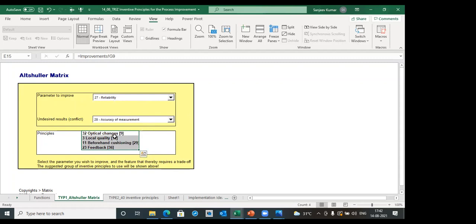Okay, by going for optical changes, by going for local quality, by going for before and questioning, and going for proper feedback. So with these 4 principles, we can meet both the reliability and also accuracy of measurement, so that whenever we go for new ideas, this will help us create ideas without affecting the parameters to conflict, at the same time the parameters to improve.